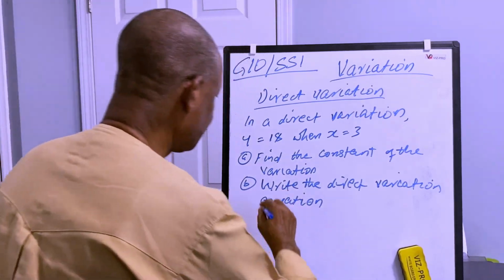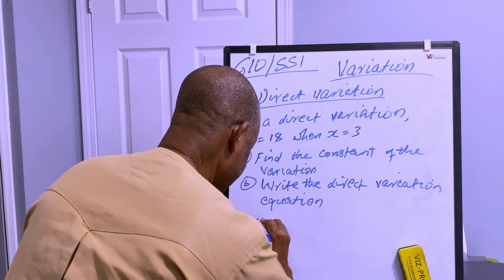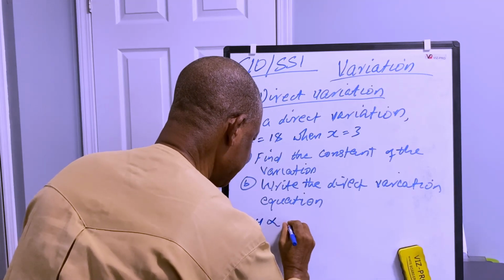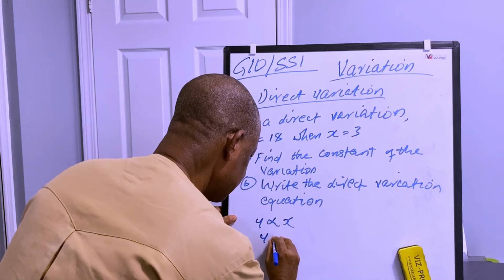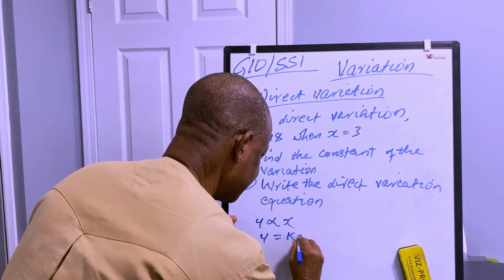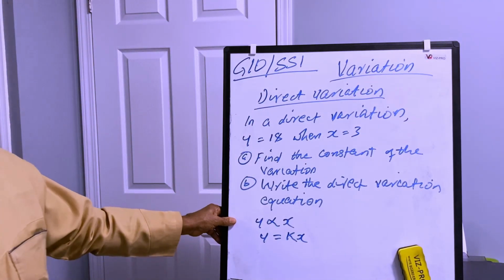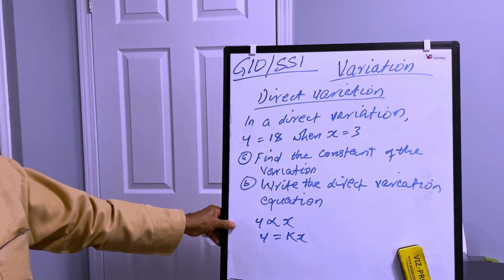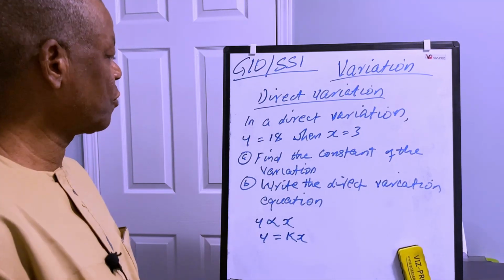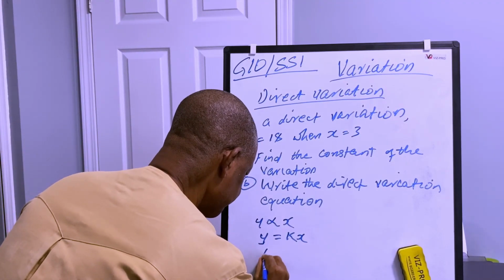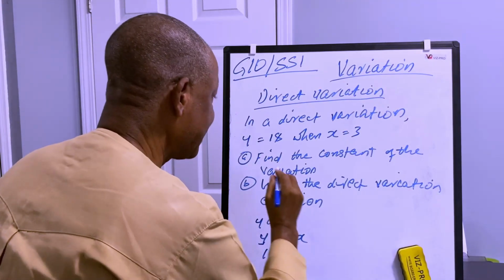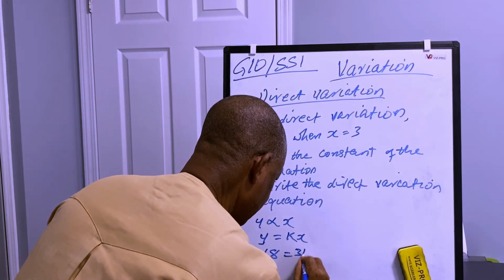In our solution, we say that y varies directly as x, which is y equals kx. That is the constant we are talking about. Having done that, we now substitute the given values. y is 18, x is 3, and we are looking for k.